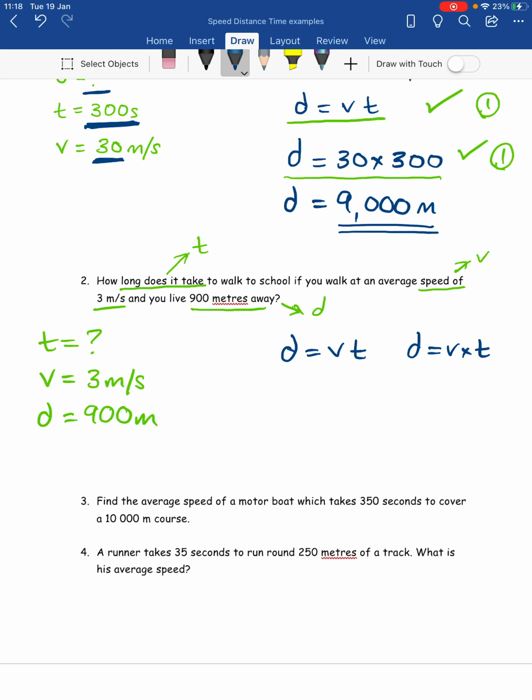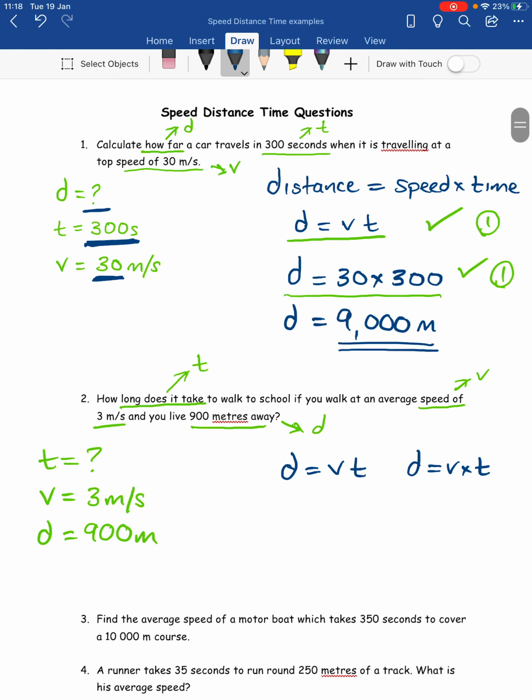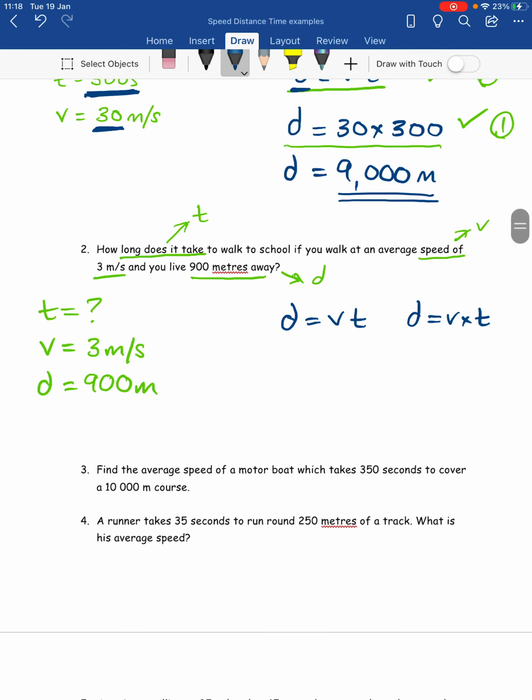Now last time, I didn't have a number for distance. So that just stayed as the letter D. This time, I do have a number for distance. It's 900. So instead of writing the letter D, I write down the number 900. And then the equal sign comes next.